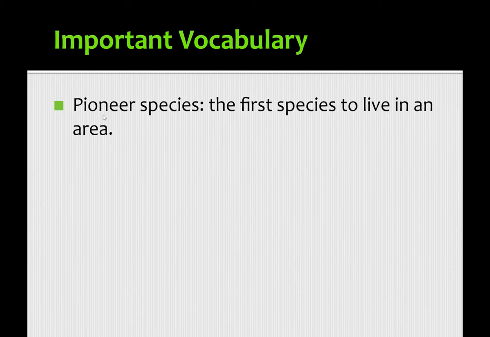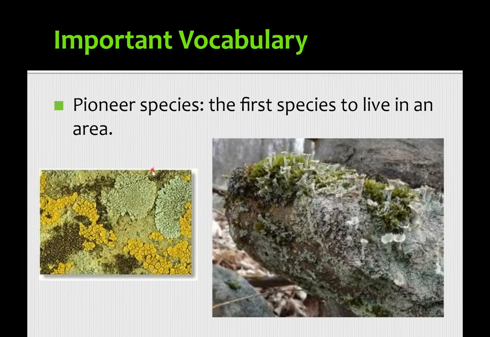We called them pioneers because they were the first people to travel to a new area. So we took that word for pioneer species because they're the first species to grow or live in a new ecosystem. Pioneer species can be fungi or mosses or even lichens.